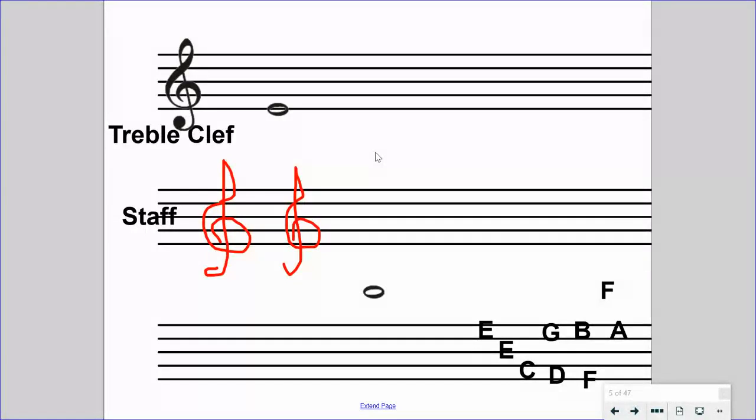Just like if an arrow went straight through the middle of a pumpkin, the pumpkin would be a line note. Okay? So we're going to name that one E for Elvis.